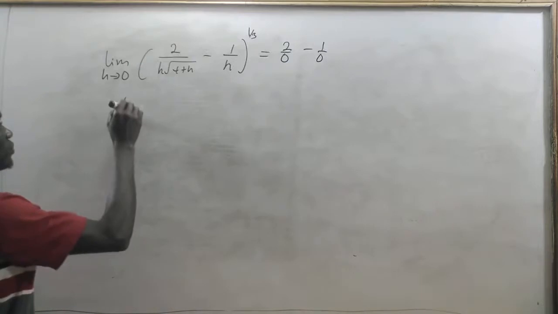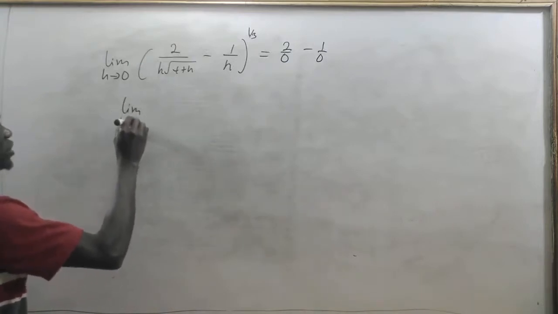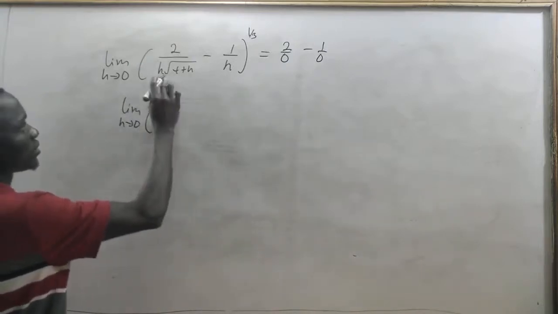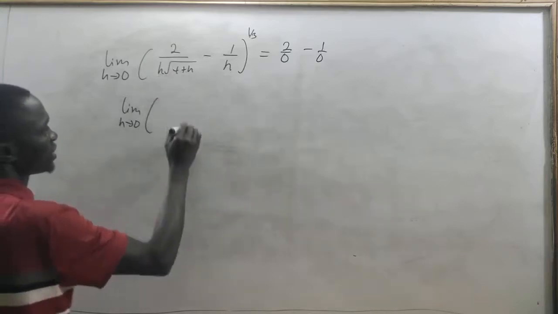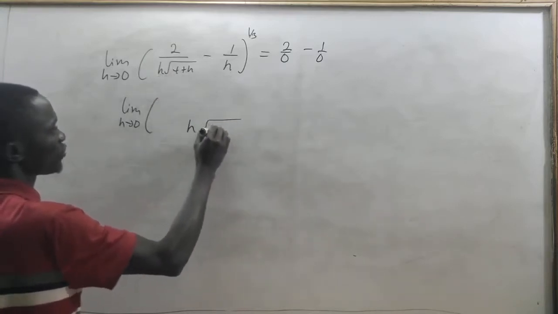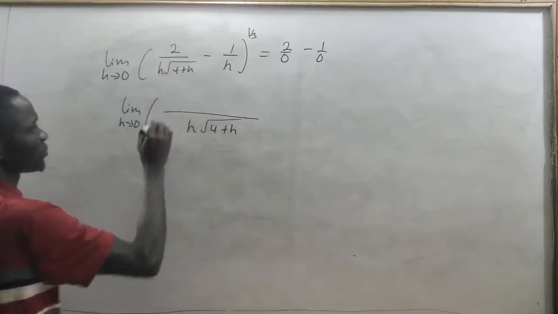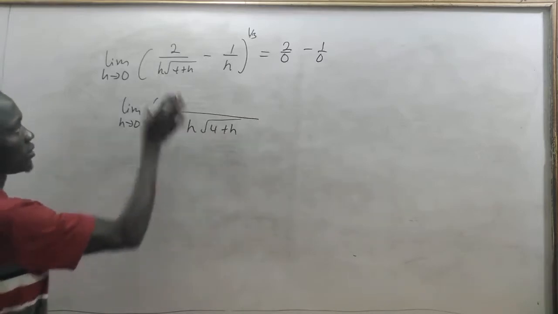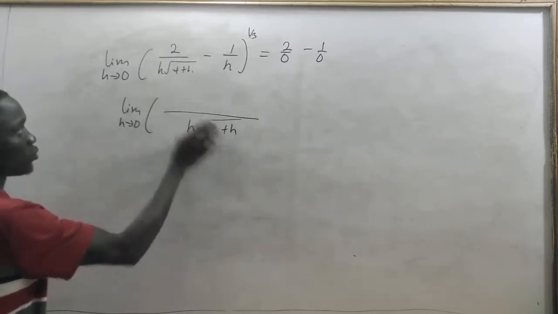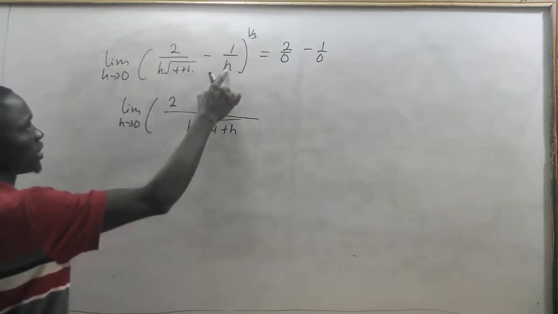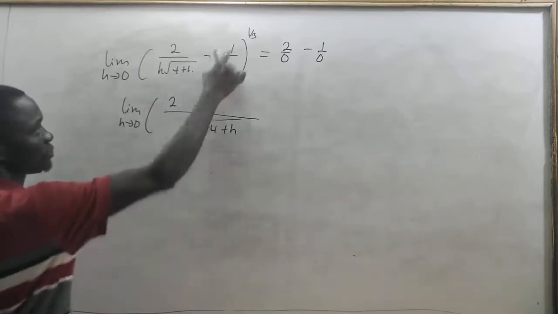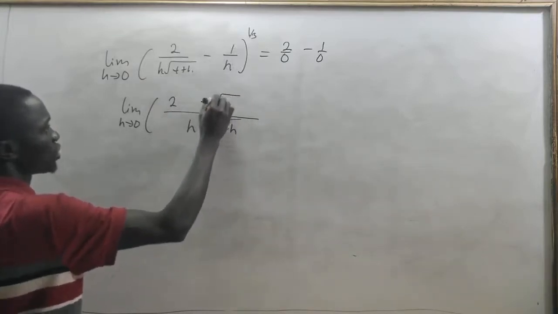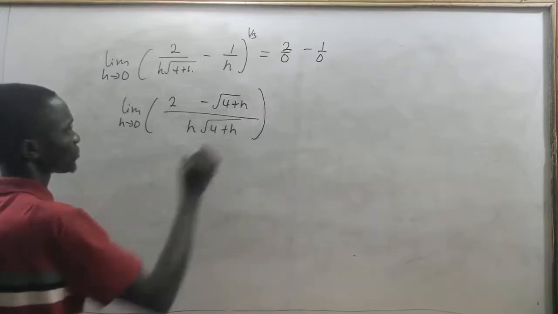So here we take the limit as h approaches 0, then the LCM is h times the square root of 4 plus h. This one divides that, 1 times 2, we get 2. The h will cancel h, then multiply this by 1, we have negative square root of 4 plus h.